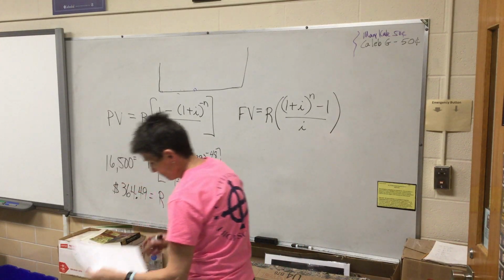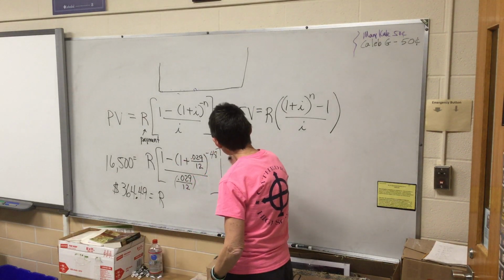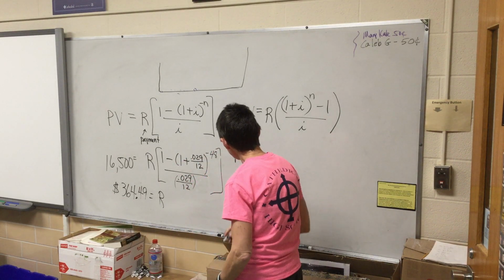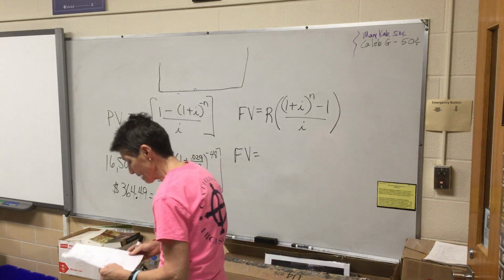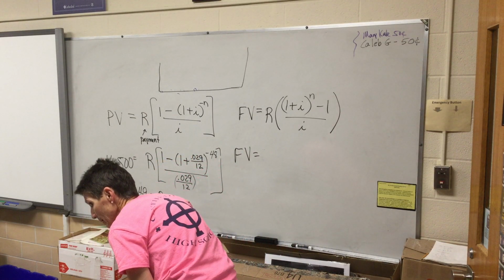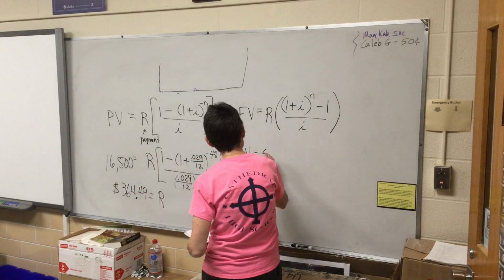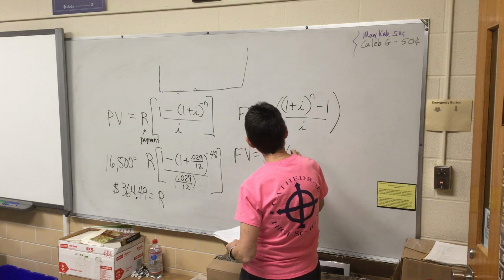So here we go. We want to know what the value is going to be. So we're solving for FV this time. Would you agree with that? Solving for FV. What is the value going to be? Her payment amount is $500.